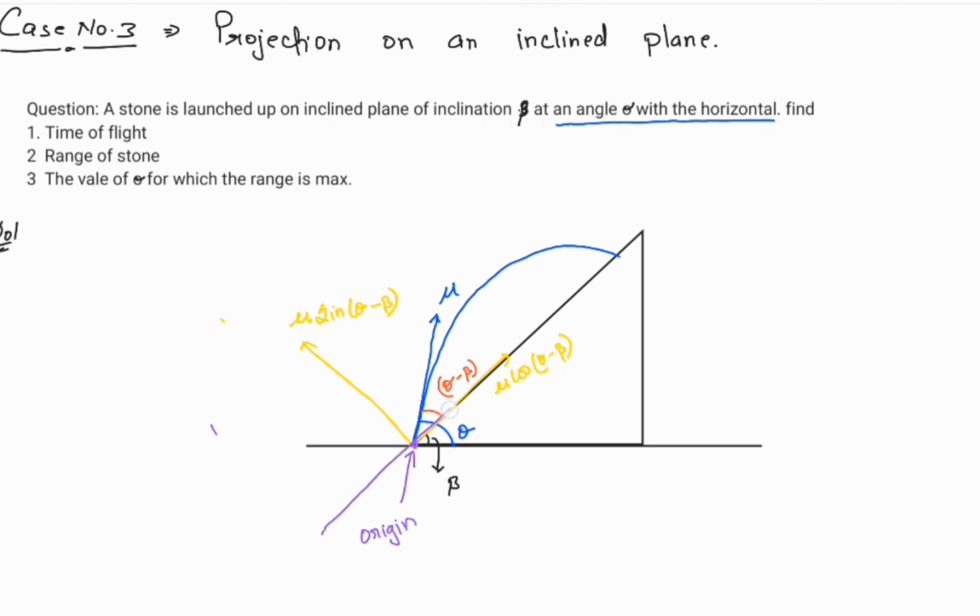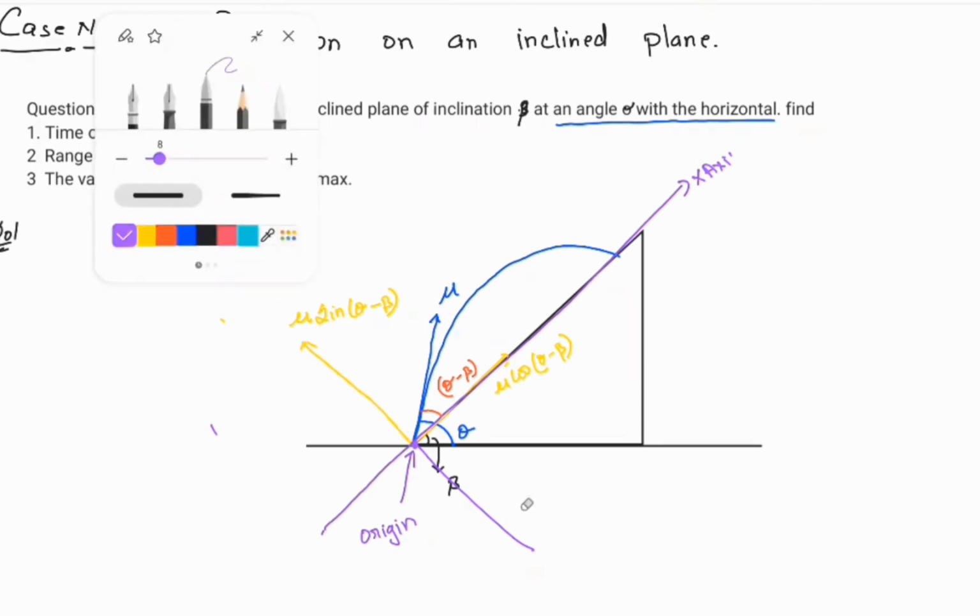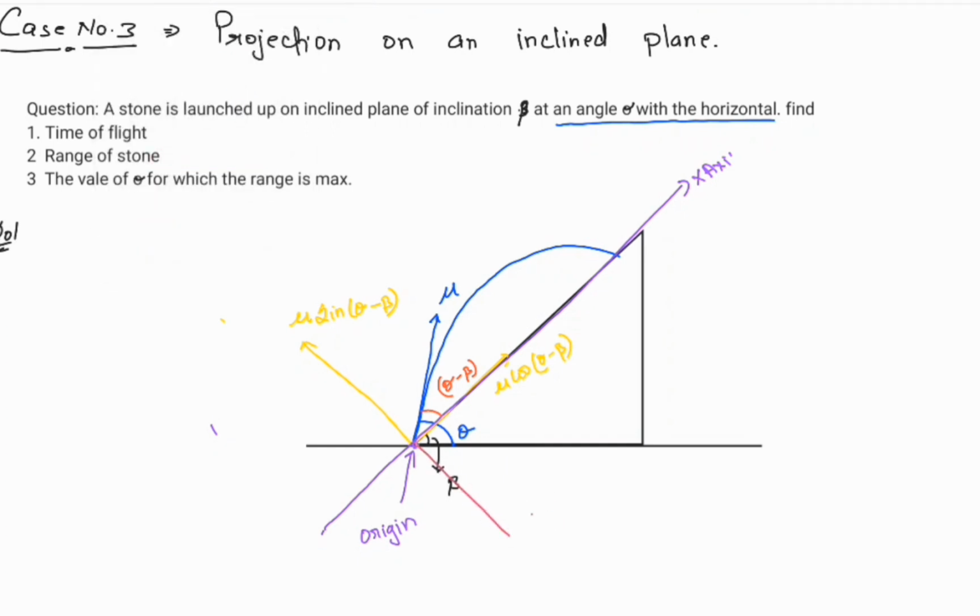Consider this inclination plane as your x-axis, and the perpendicular axis you are going to take as the y-axis. Now the numerical is going to be very easy. Remember, the inclined plane you take as the x-axis, and perpendicular to it as the y-axis. Now it's very easy to solve.